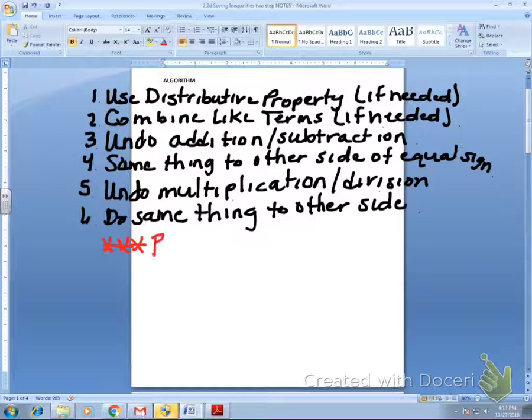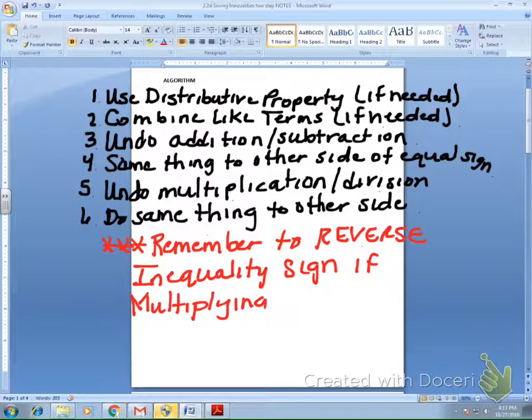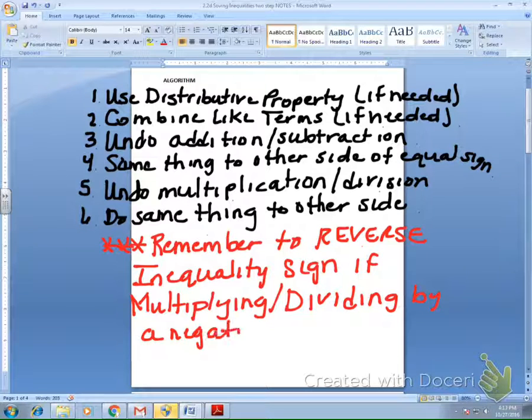The caution is, remember to reverse the inequality sign if you're multiplying or dividing by a negative. And we'll get some practice with that today. That will make sense after you see some examples, which we've talked about before, but it will make more sense as we keep practicing it.